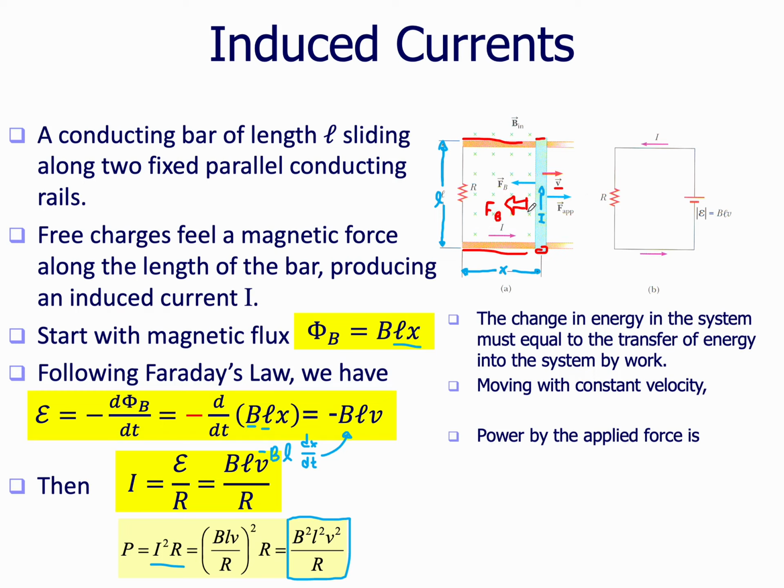That's on the whole wire, not talking about just a charge inside. So to keep it moving at a constant rate, I'd actually have to put an applied force equal to it this way. Otherwise, this wire would very quickly slow down.